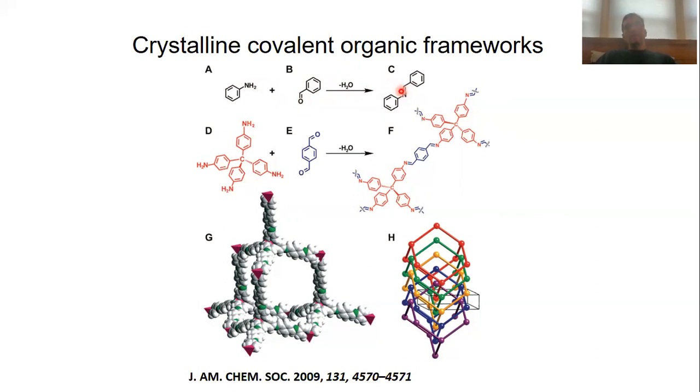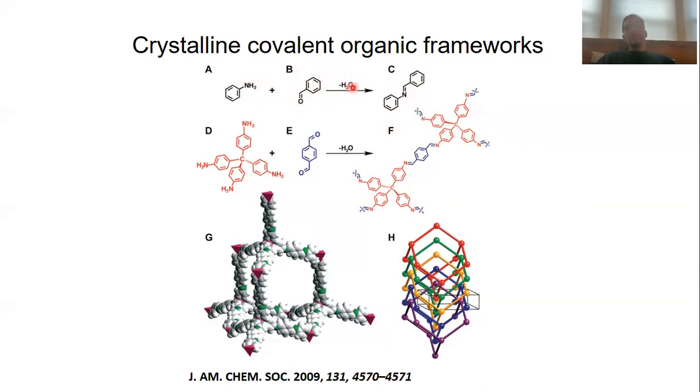Okay, so this process or this reaction is also reversible in principle. So you can take an imine or Schiff base, and with a sufficient amount of water, you can actually hydrolyze that Schiff base in order to make the amine and the aldehyde.